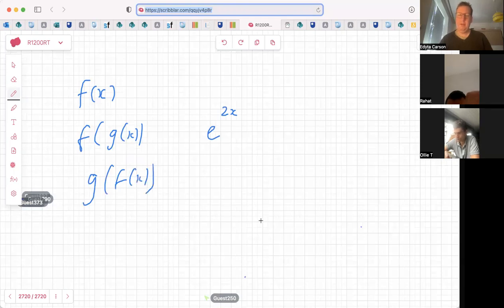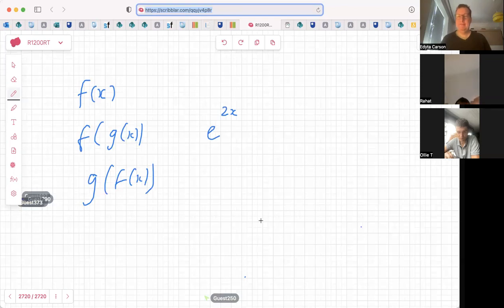We could have that, but specifically with some actual function. So e to the 2x is another composite function. Just think of two functions and make composites of them.